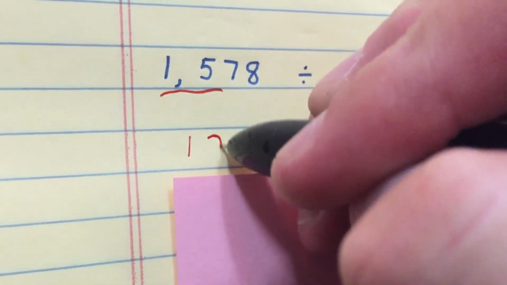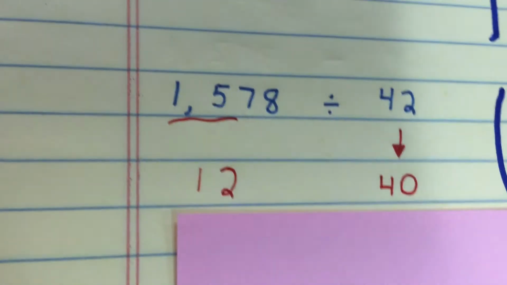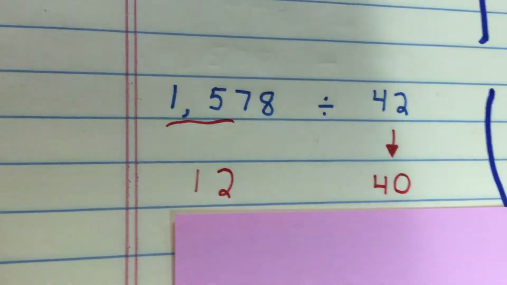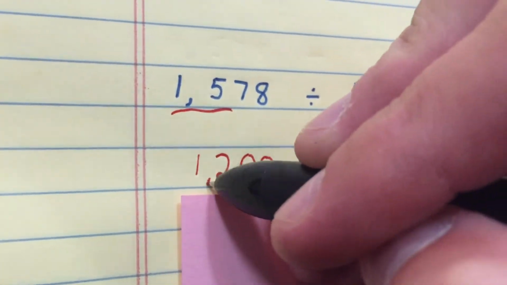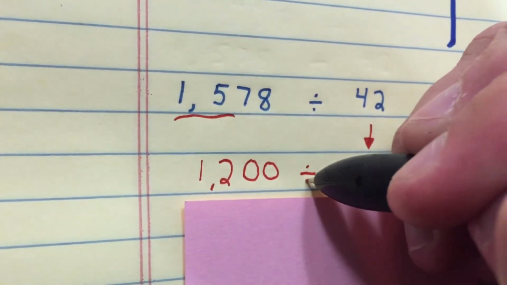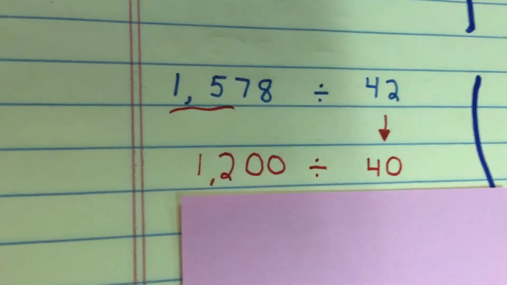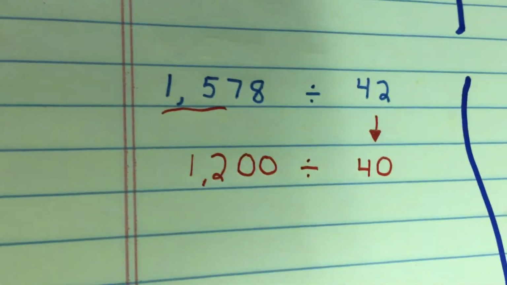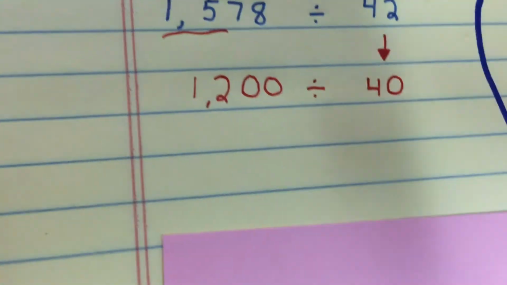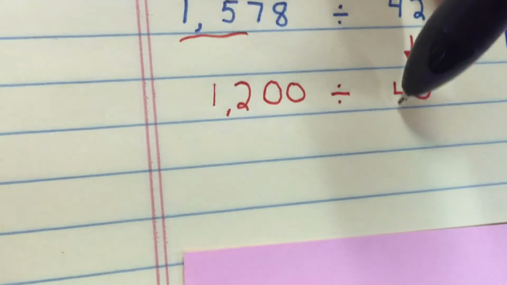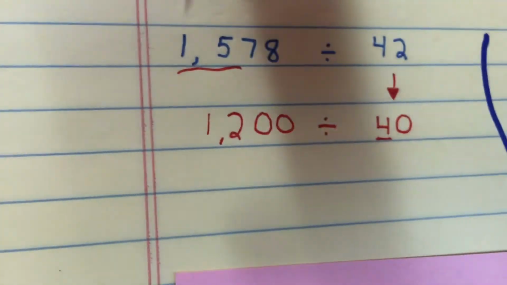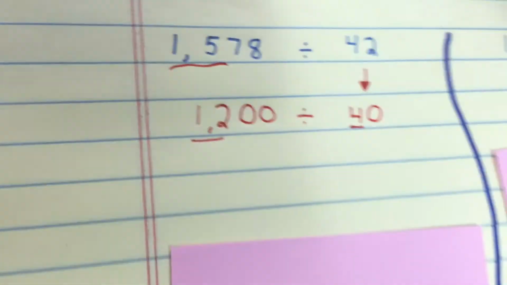So I'm going to write my 12 here, and the 7 and the 8, since we're estimating, become zeros. So now that we have our compatible numbers, we can go ahead and divide using mental math. So we're going to look at this 4 and ask ourselves, how many times does the 4 go into 12?